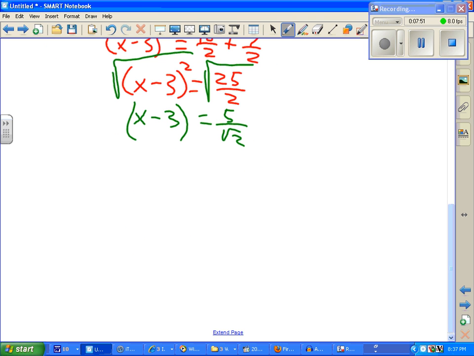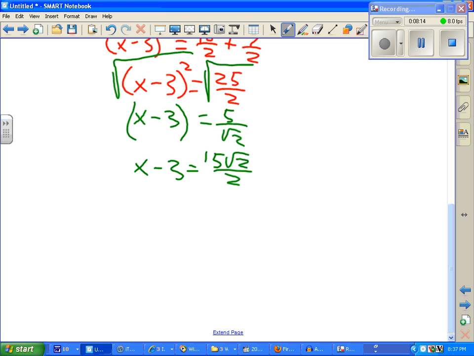Remember, we don't like radicals in the denominator. So we're going to have to change that. So we have x minus 3 equals 5 root 2 over 2. If you don't know that simplification, remind me in class and I'll go over that. And then the last thing we've got to do is add 3. Oh, and I almost forgot.